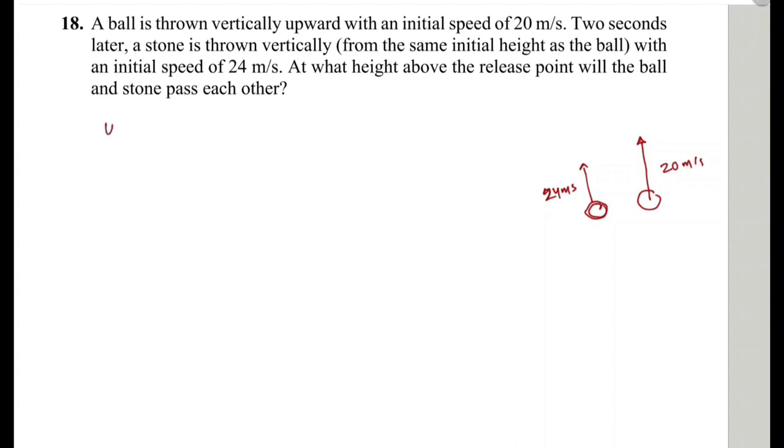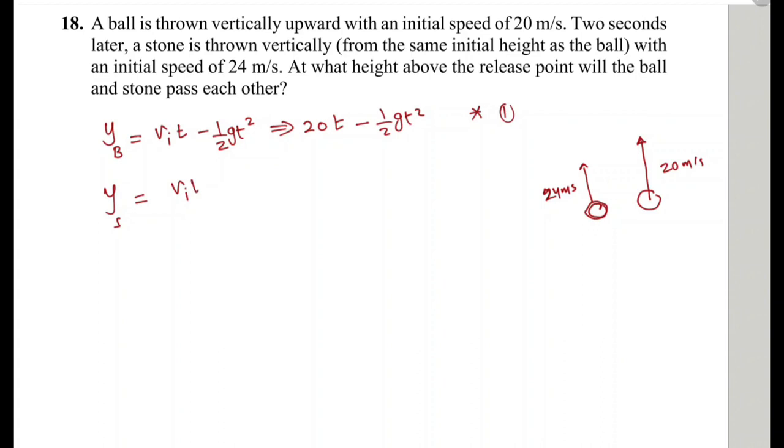So y for the ball equals v initial t, and remember y initial is actually equal to 0, minus half g t square, or in other words 20t minus half g t square. So this, let's name it equation number 1. Now for the stone, y for the stone equals, again, the initial position is equal to 0, so v initial t minus half g t square, or 24.